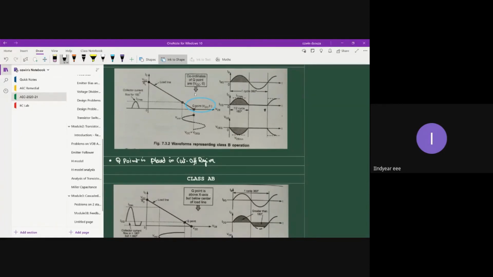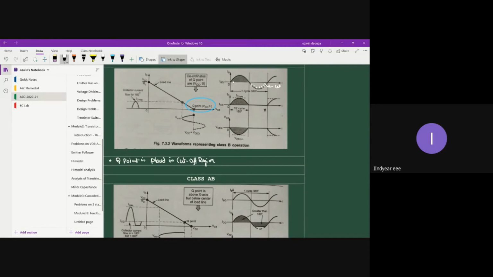In another half cycle, what happens is that the transistor gets into cutoff region. So this is your cutoff region. Cutoff. And if you consider NPN transistor, it works only for positive voltage level, right?